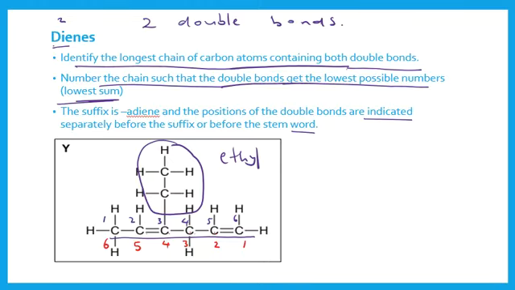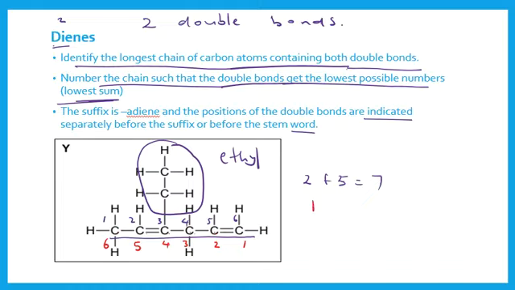So let's find out. If we look at the purple one, the first double bond we encounter is on carbon number 2. So I'm just going to say, okay, we encounter a double bond on carbon number 2, and we also encounter another double bond on carbon number 5. So we can say this is 2 plus 5, giving us 7. If we go to the red numbering, we encounter the double bond on carbon number 1.